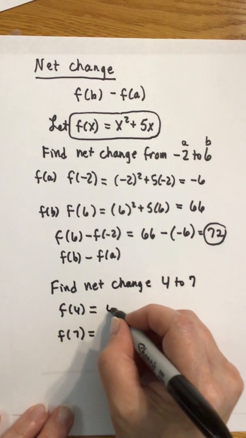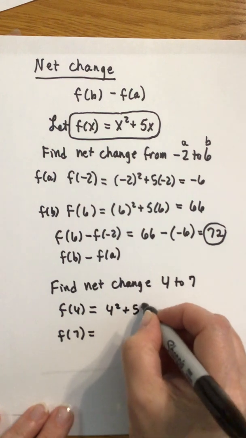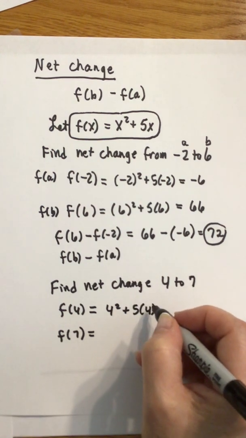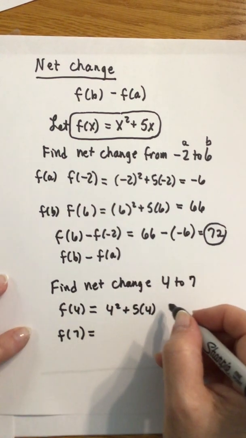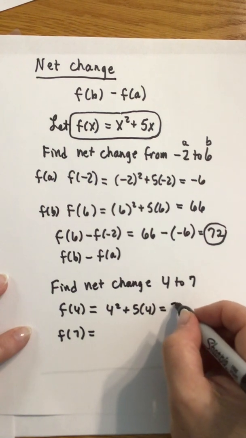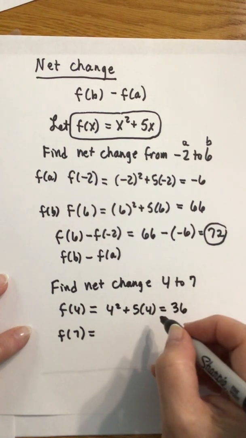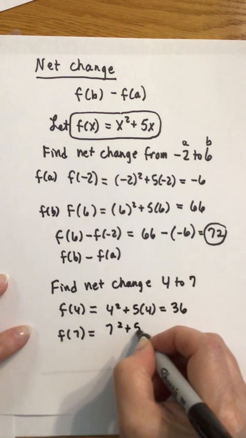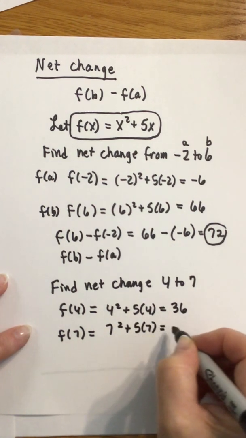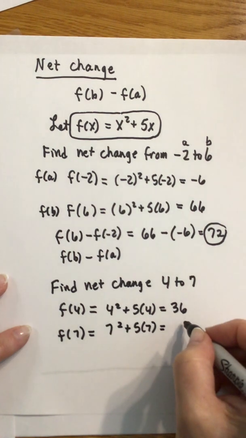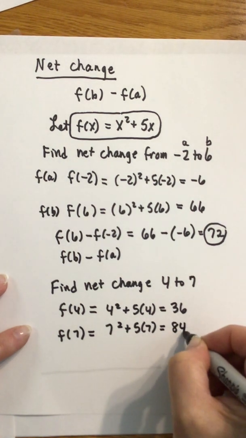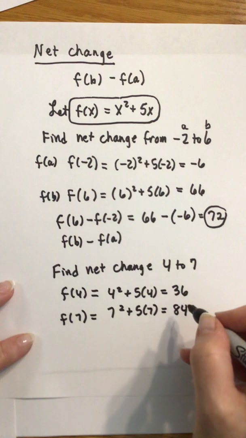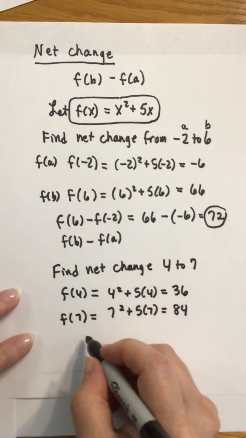So I get 4 squared plus 5 times 4. That's going to give me 16 plus 20, which is 36. And f of 7 is going to give me 7 squared plus 5 times 7, which gives us 49 plus 35, which is 84. And then we have to subtract.